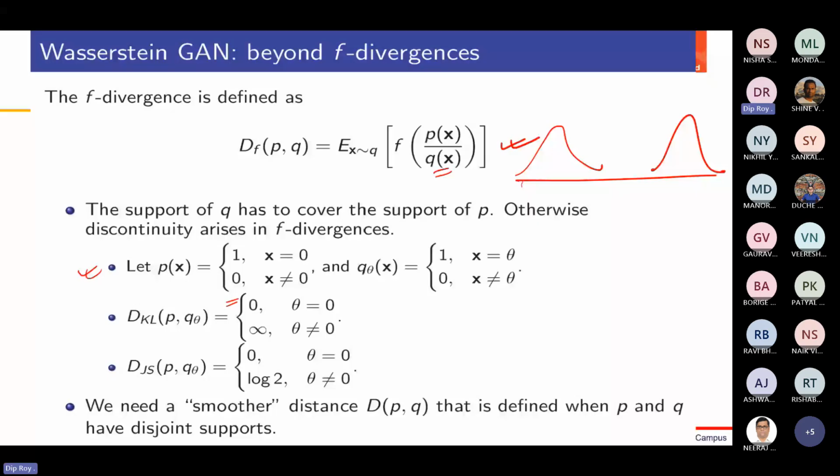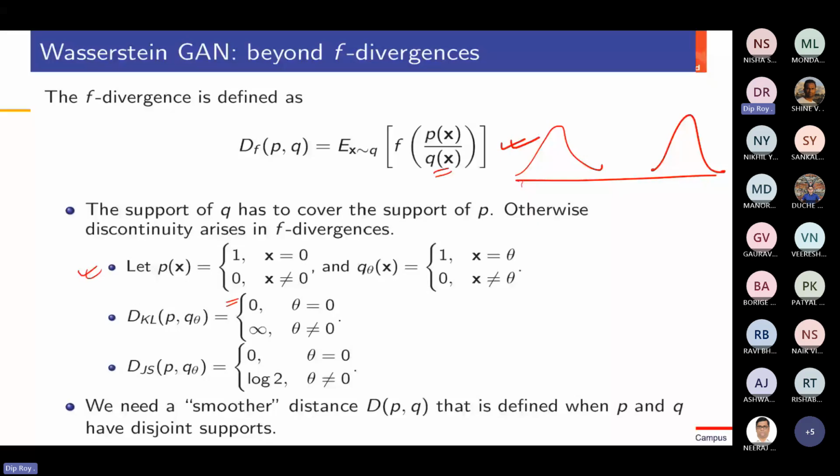Now, what do we mean by support here? Support here means basically the set of points with non-zero probability. Okay. And the very problem with not getting support is that we do not get signals for learning. How will we know which point is better than the other? All right.